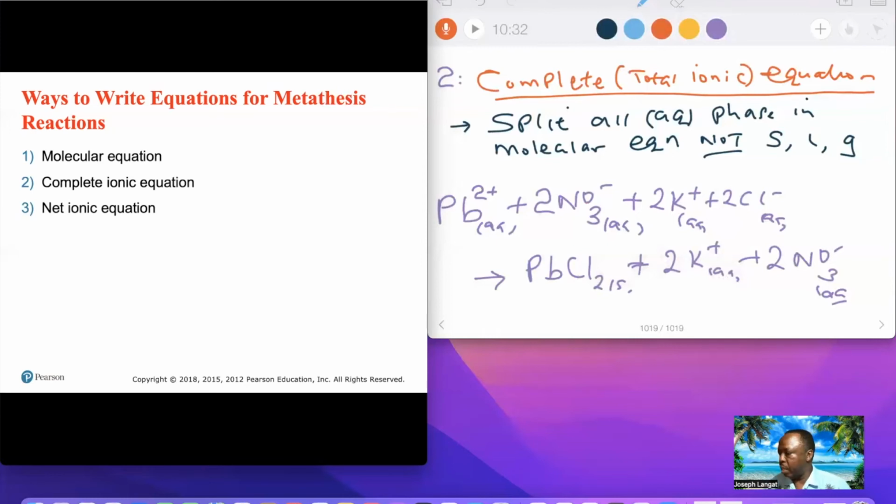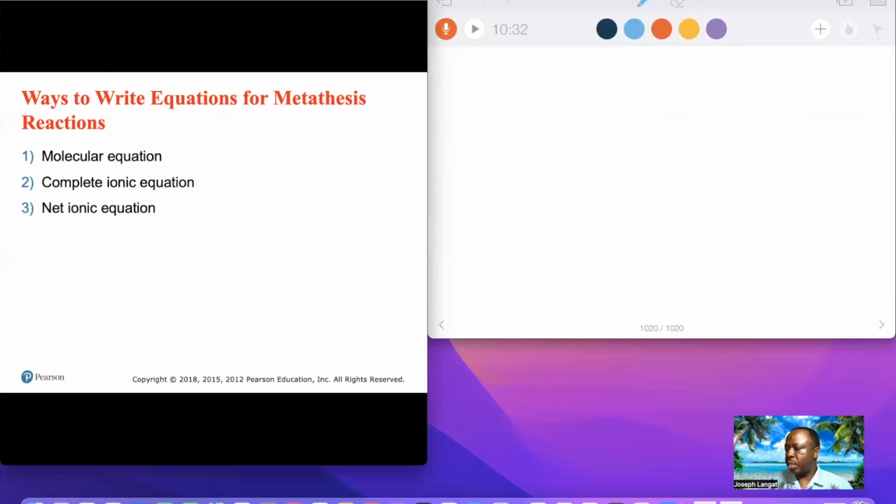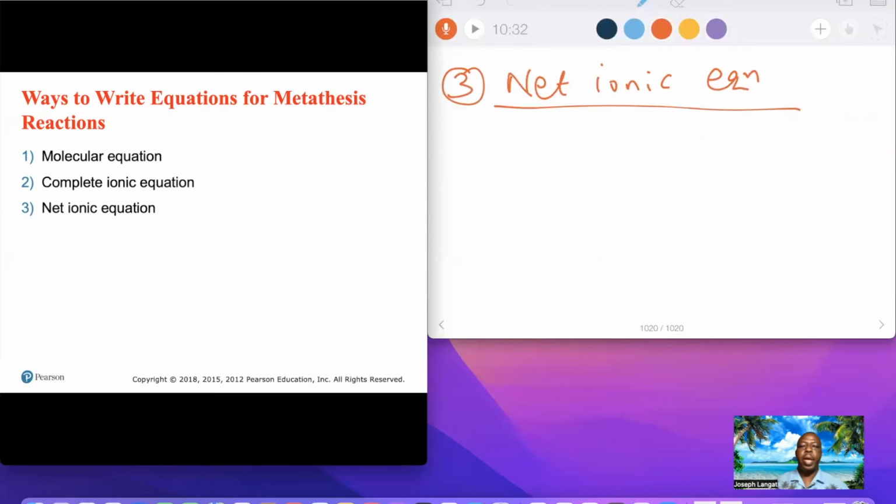And then lastly is the net what? Net ionic. How do you generate the net ionic equation?